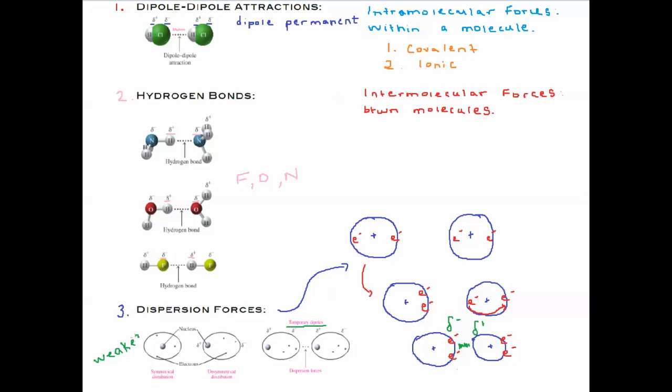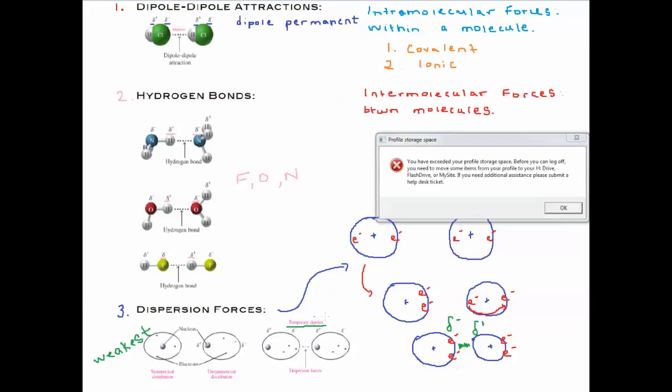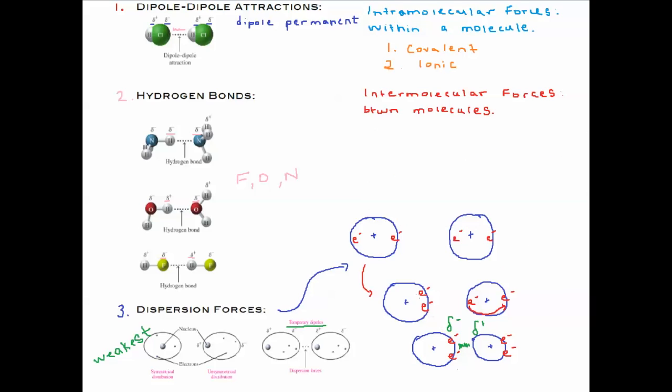Now remember, all molecules are attracted to other molecules through dispersion forces. They're attracted to each other ever so slightly, it's not a strong attraction at all, but every single molecule or atom has the potential to have this instantaneous, temporary dipole, and therefore the attraction between the partial negative and the partial positive.